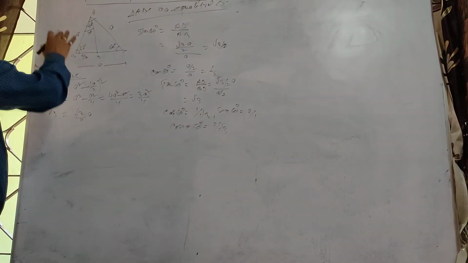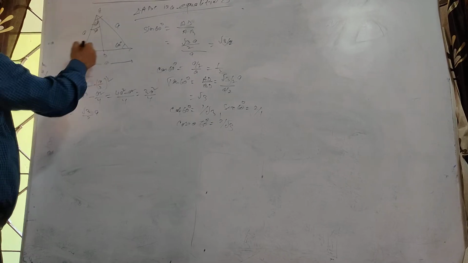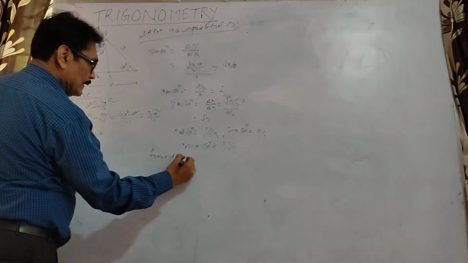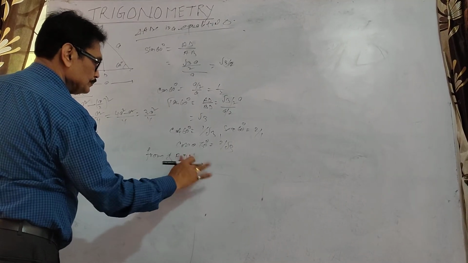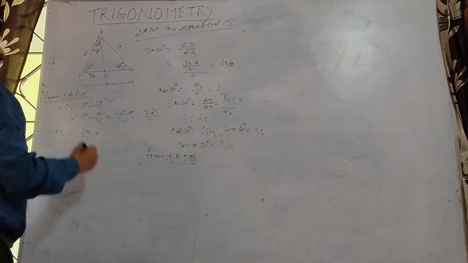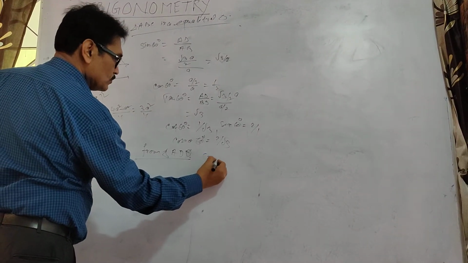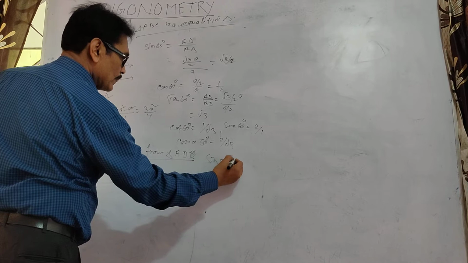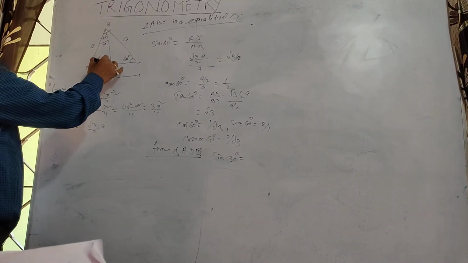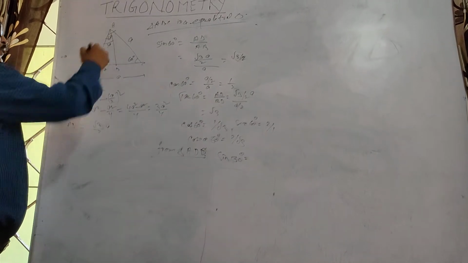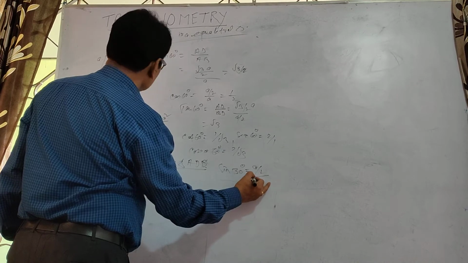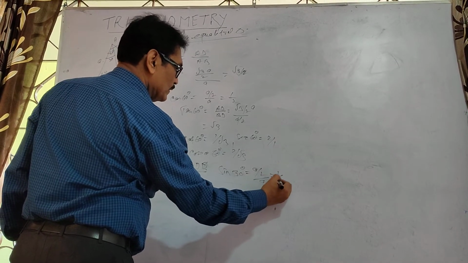So we may write from triangle ADB. From this triangle, sine 30 degree becomes perpendicular upon hypotenuse. So this is A by 2 upon A. So we can write 1 by 2.